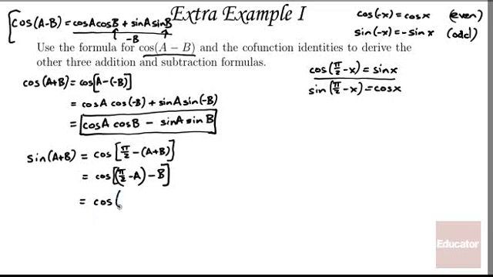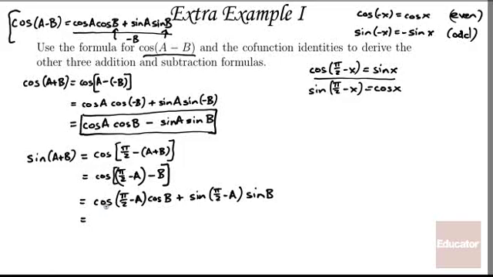So this is cosine of the first term, cosine of pi over 2 minus a. Cosine of the second term is b, plus sine of the first term times sine of the second term.